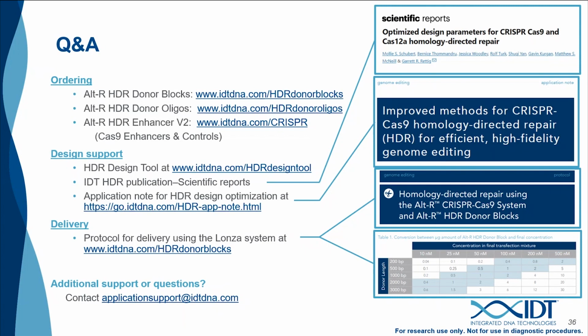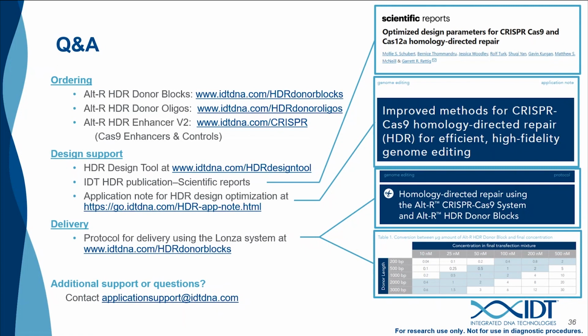We're also frequently asked about the V2 enhancer, so I'll address that here as well. The V2 enhancer works in multiple cell types, including primary cells and iPSCs. It's not typically used in embryo injections, though, due to concerns over the DMSO content.